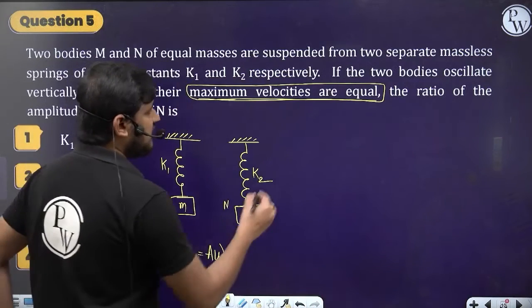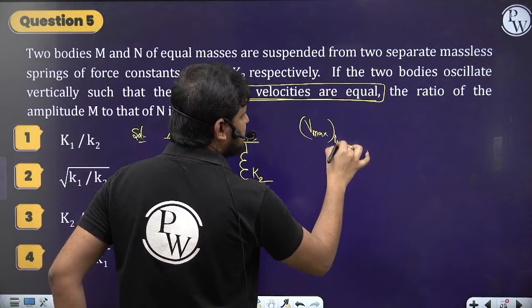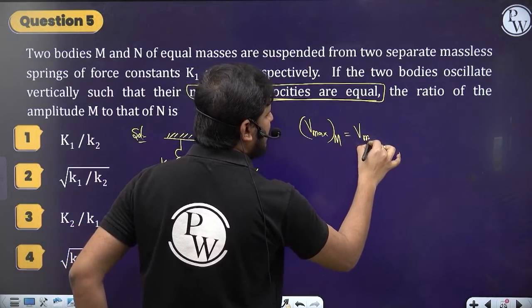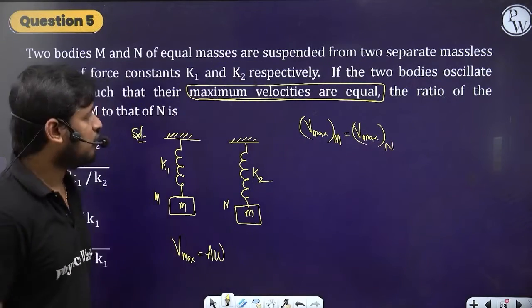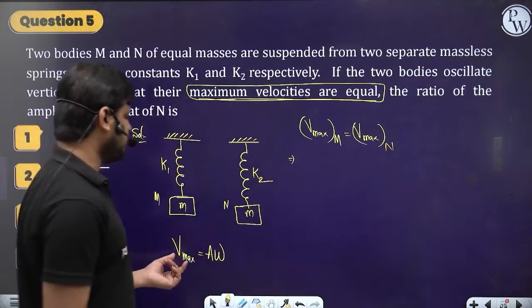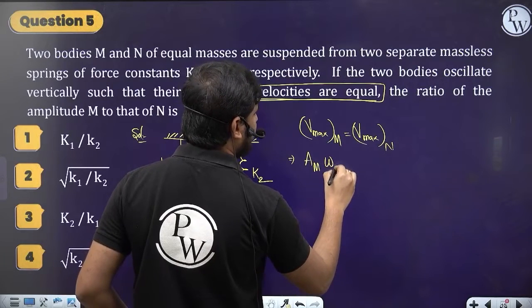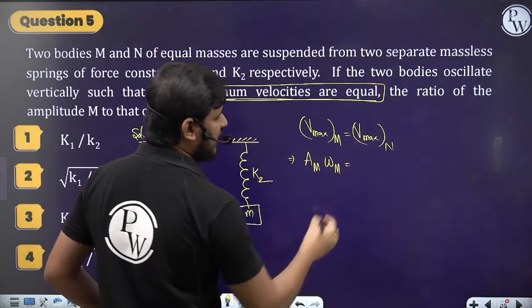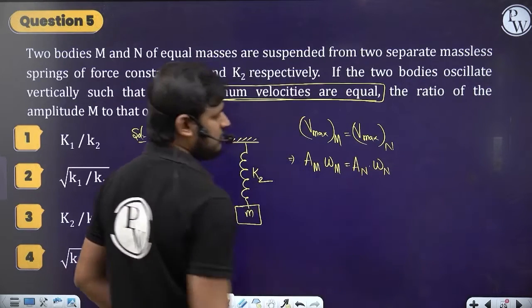Here the V max of body M is equal to the V max of body N, that's what they are saying. Now, what is the V max formula? A omega. So I write A of M into omega of M is equal to A of N into omega of N. Done.